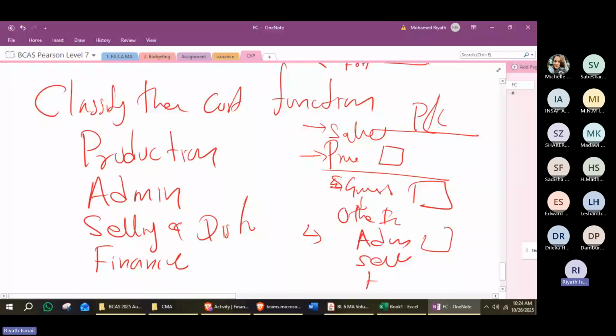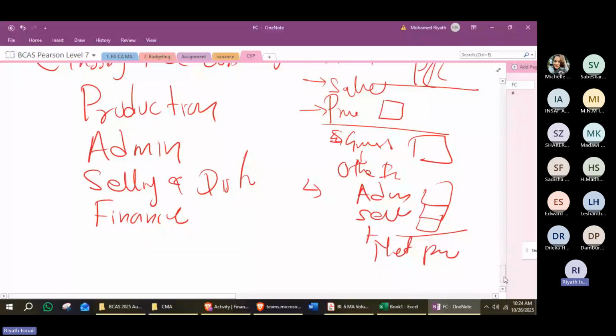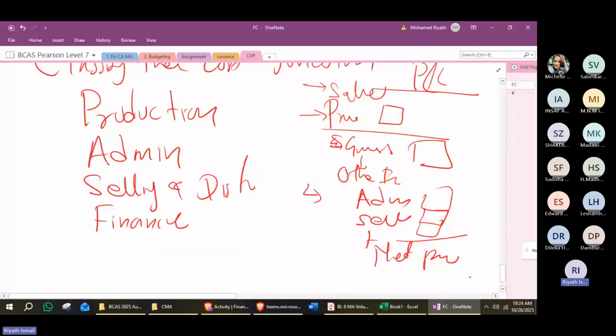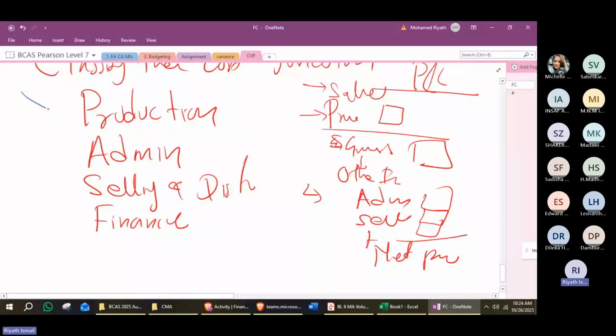After deducting that, we receive the balance figure, net profit. When we consider this cost classification, the production cost may consist of two types of cost.